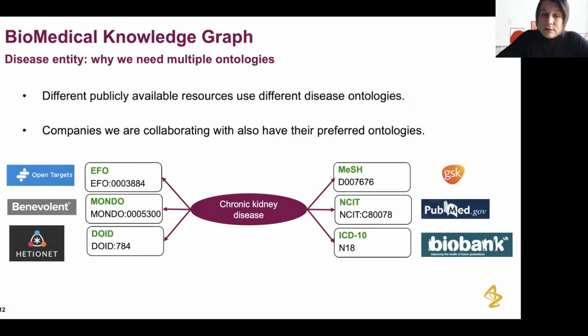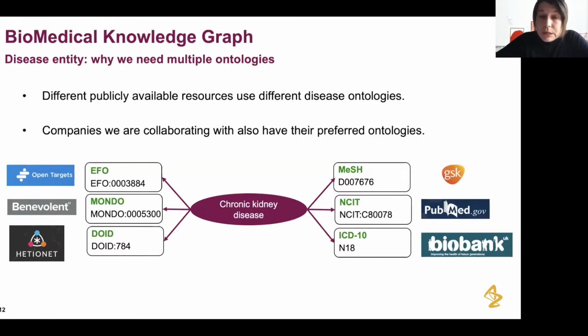Why do we need it? That's probably the question you're asking yourself now. Why not use one? Well, we are trying to integrate different publicly available data sources using different ontologies. So the very famous Open Targets uses EFO, but PubMed publications quite often have MeSH ontology IDs. The also quite famous UK Biobank, where clinical samples and genomics data are collected, uses ICD-10.